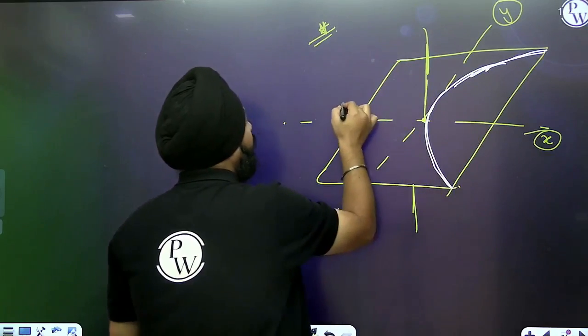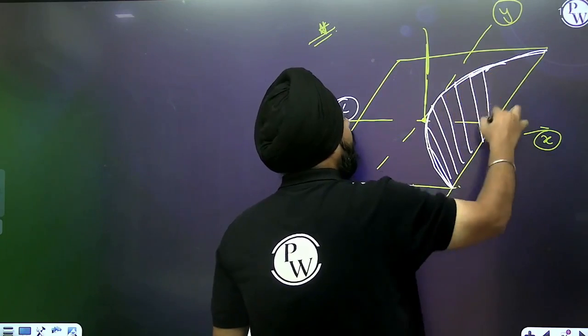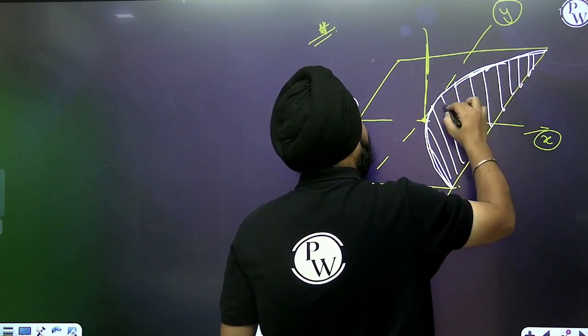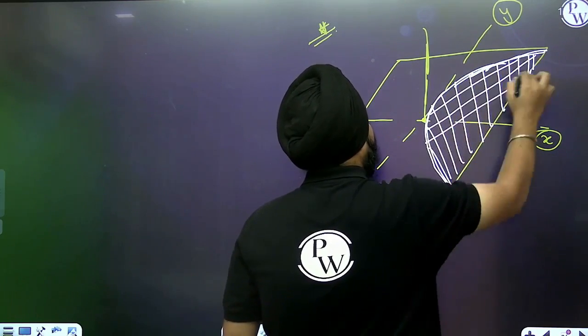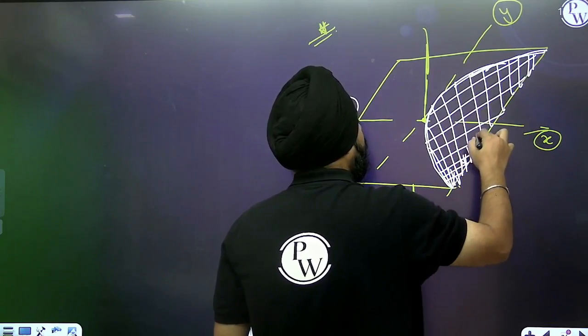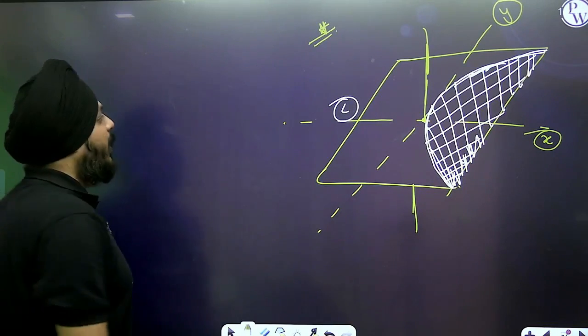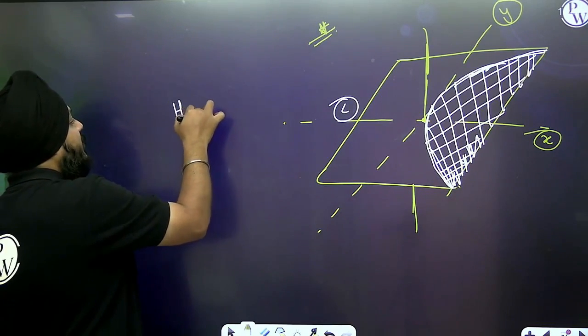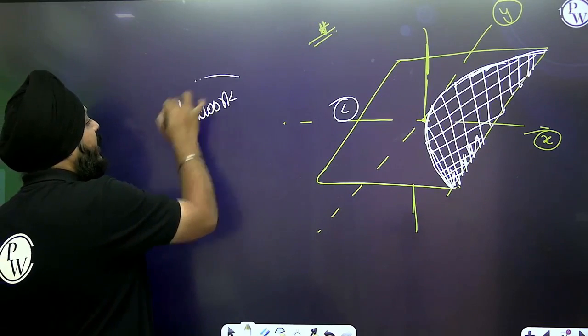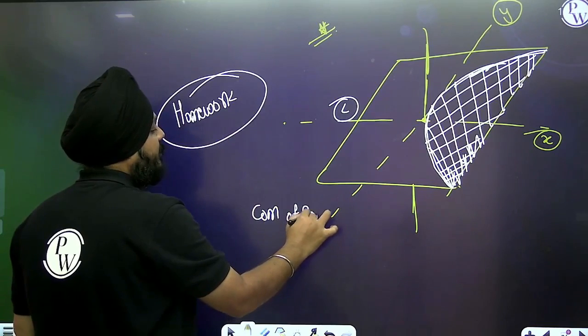The length of the square is L. My homework to you all is to find the center of mass of the remaining system.